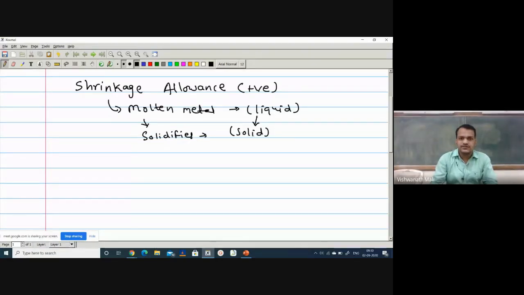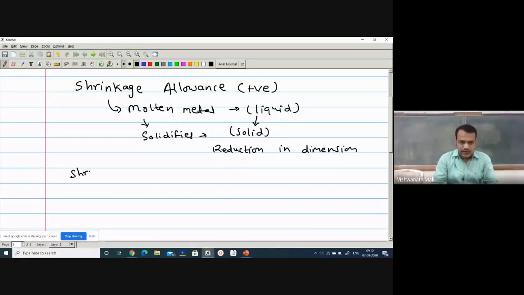So there is a phase change from liquid to solid. In this phase, there is a reduction in dimension, and to overcome this reduction in dimension, we give the allowances to the pattern. That is, we increase the size of the pattern.